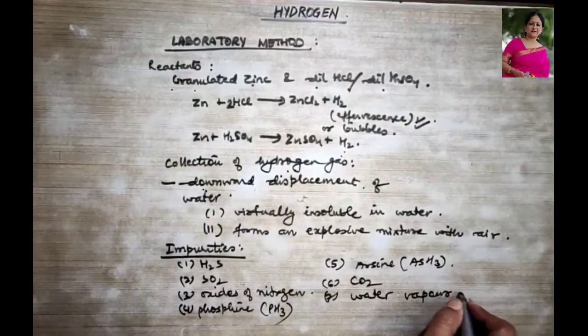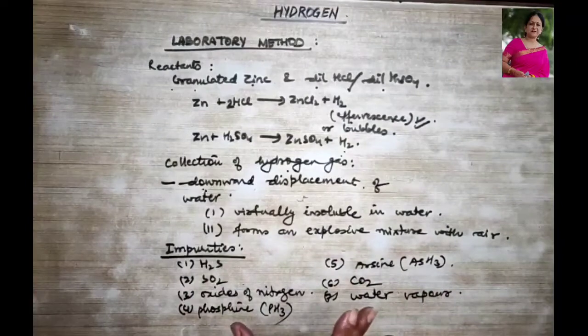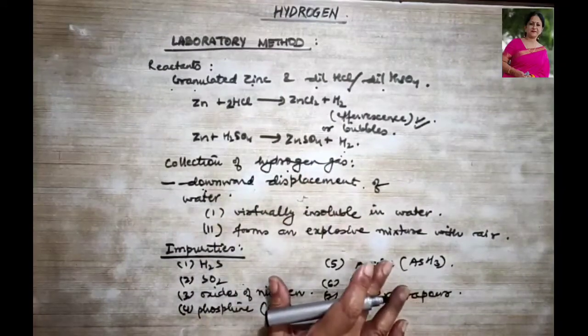So these are some of the impurities that are formed while collecting hydrogen gas, right?